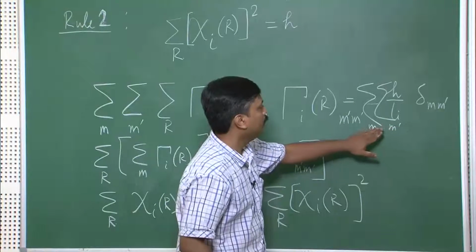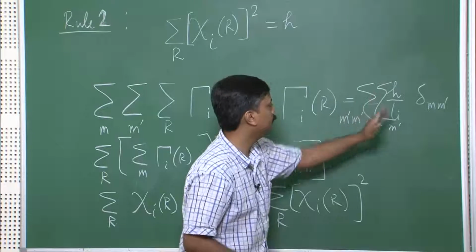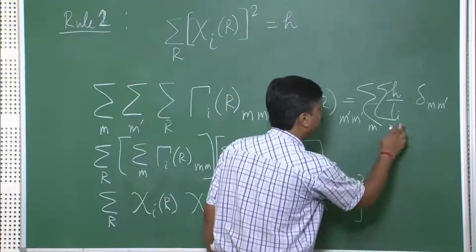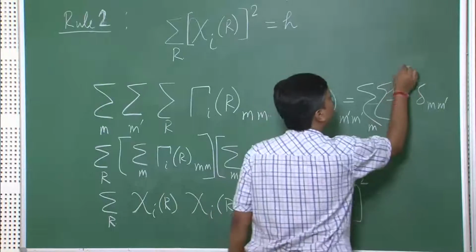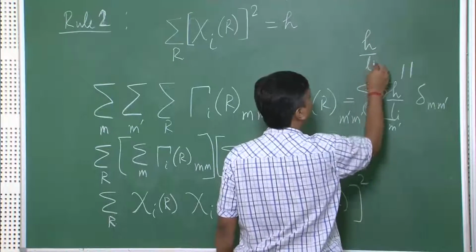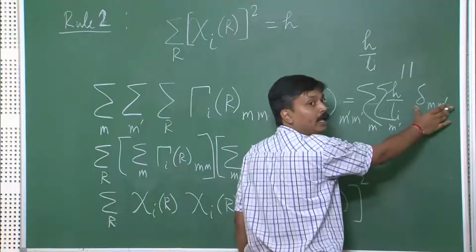So if I take out this h by Li outside the summation, this summation will give me h by Li and then summation over m and m prime of delta m m prime.